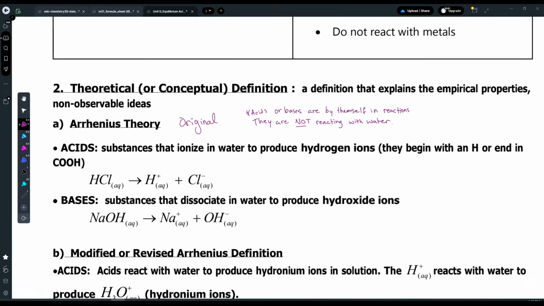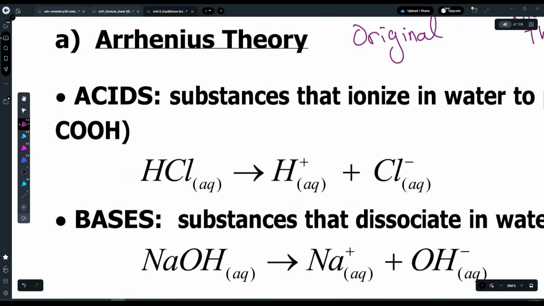Okay, so Arrhenius theory states that acids are going to ionize in water to produce hydrogen ions. And acids, how you can identify them is they either begin with an H or end in COOH. So for hydrochloric acid here, in this reaction, we can see that hydrochloric acid breaks apart.